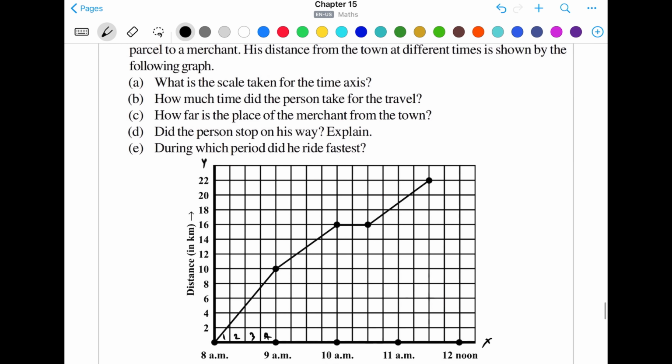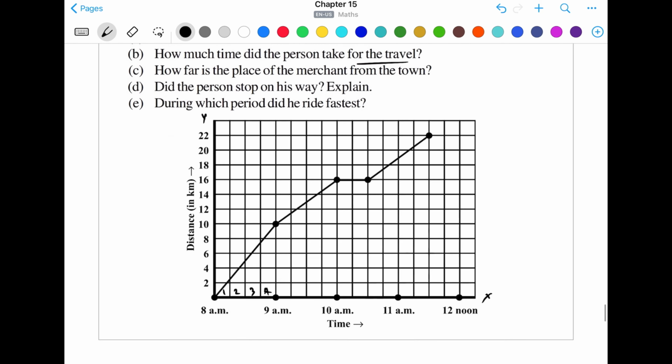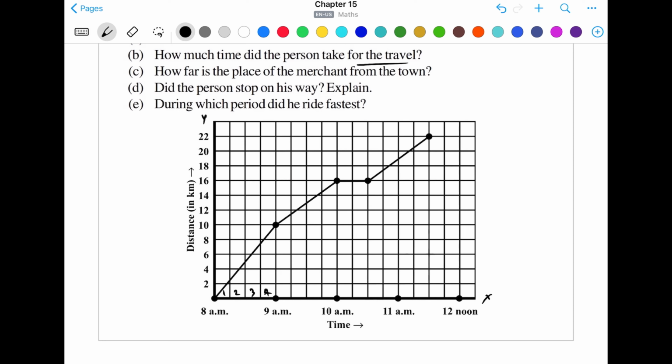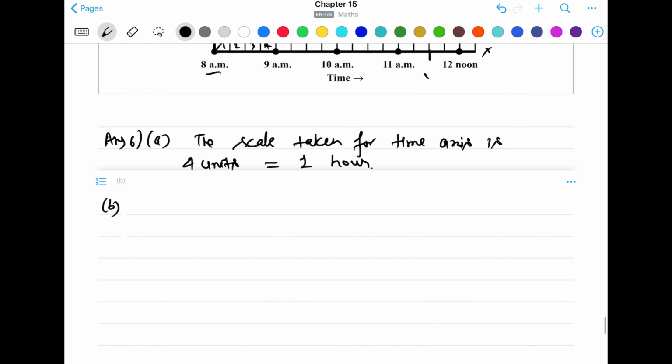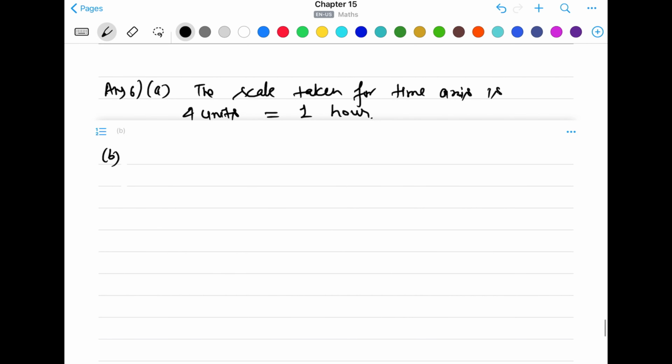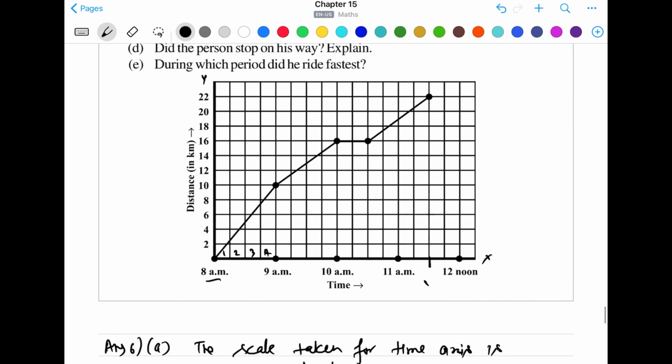Okay, the second is, how much time did the person take for the travel? That means how much time he took in his entire journey. So he started at 8 a.m. and reached his destination here, that is between 11 to 12 noon, that is at 11:30. Okay, so between 11:30 and 8 the duration is 3.5 hours.